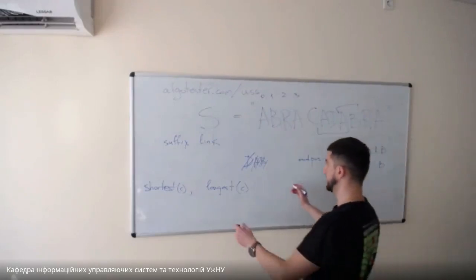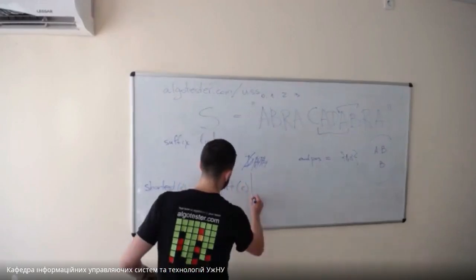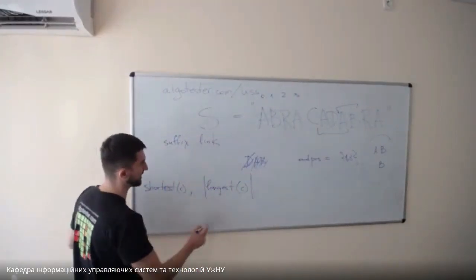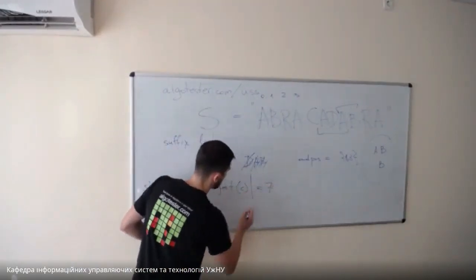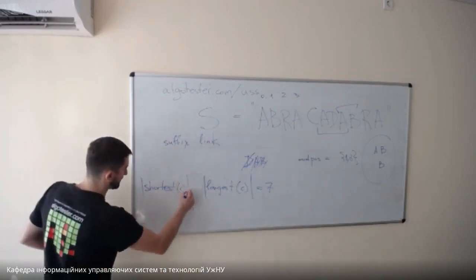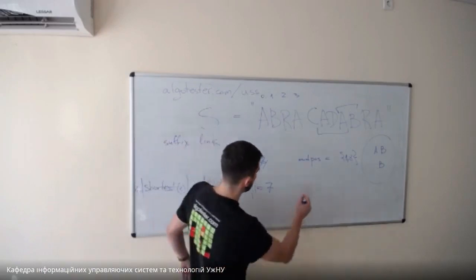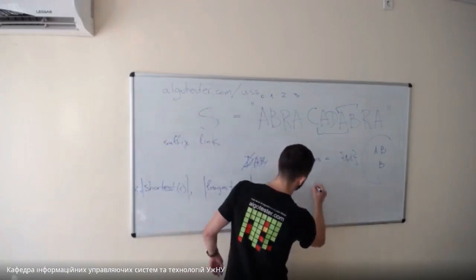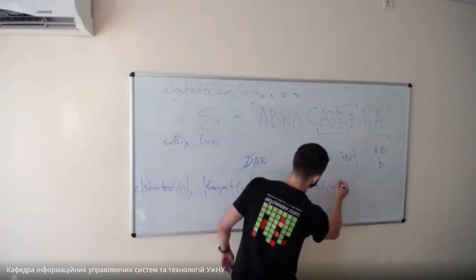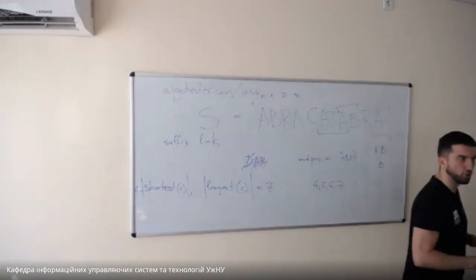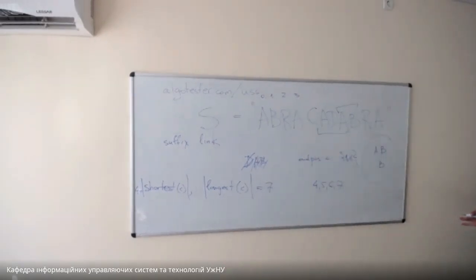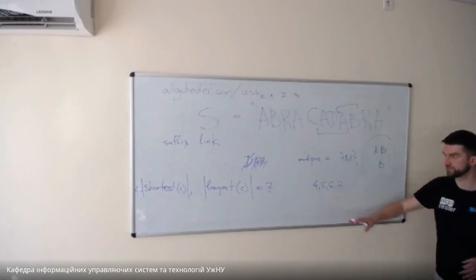For instance, if the size of longest string is 7 and the size of the shortest one is 4, then strings of lengths 4, 5, 6, and 7 all are included in that class. And only these strings are here.